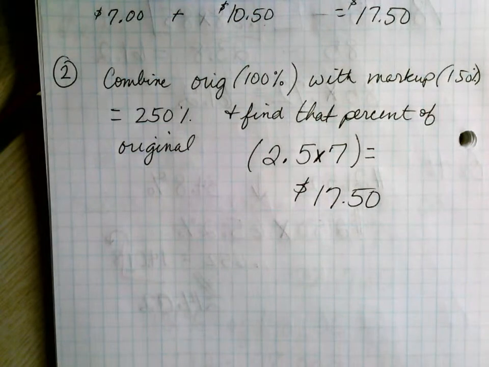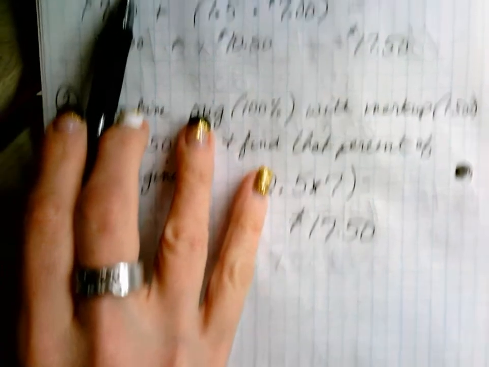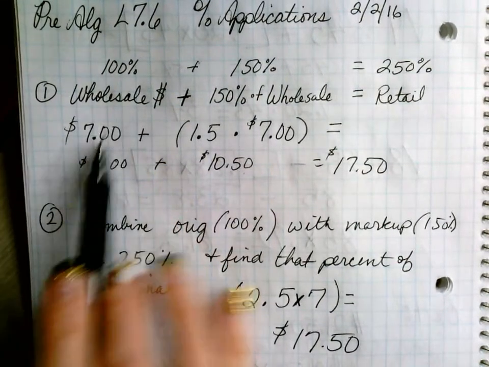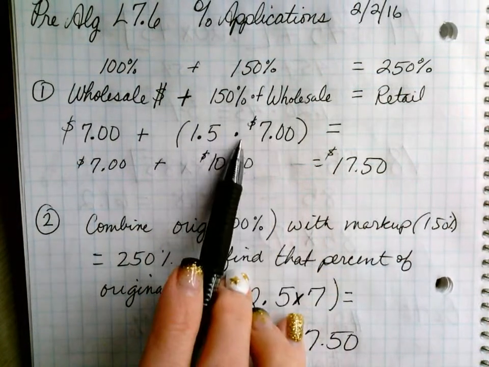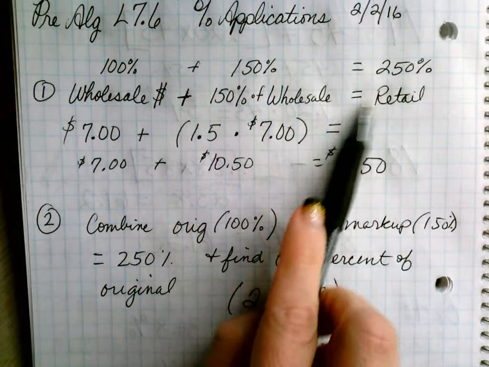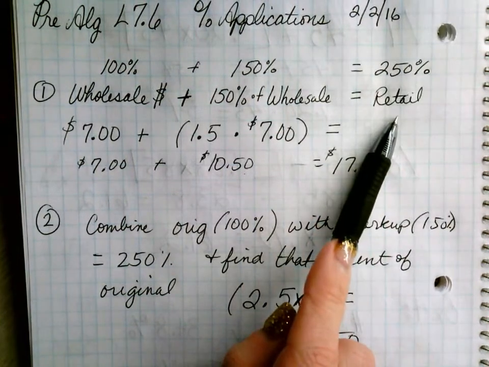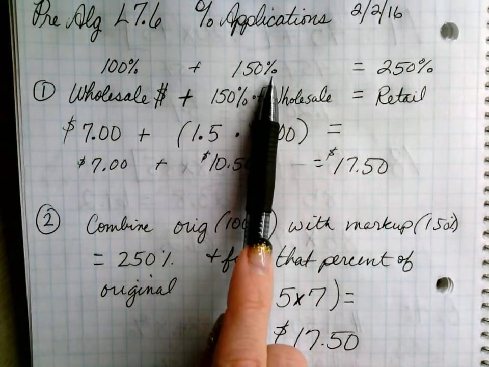I do it this way. But if this does not make sense to you, stick with the original method, which is the original amount, 100%, add it to 150% of the original amount, $10.50, and in the end, the retail cost ends up being 250% of the original because of the combination that you see here. Okay?